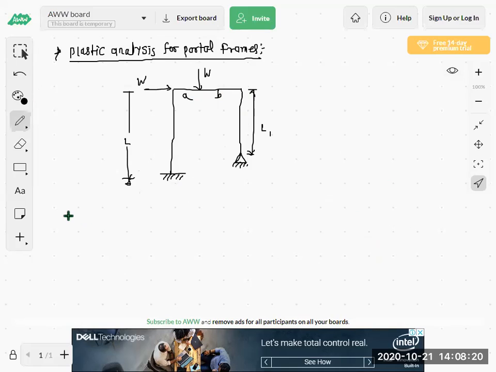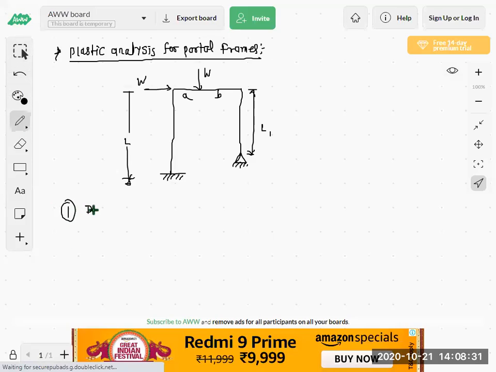For that we have to calculate first the degree of static indeterminacy. Now how to calculate the degree of static indeterminacy?